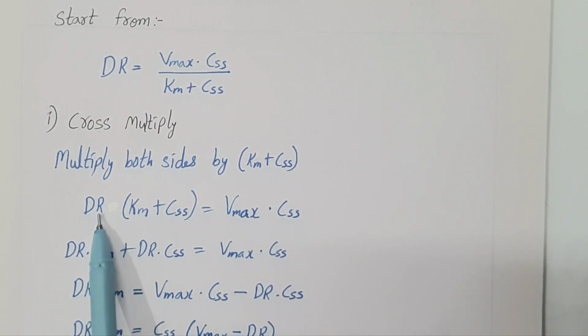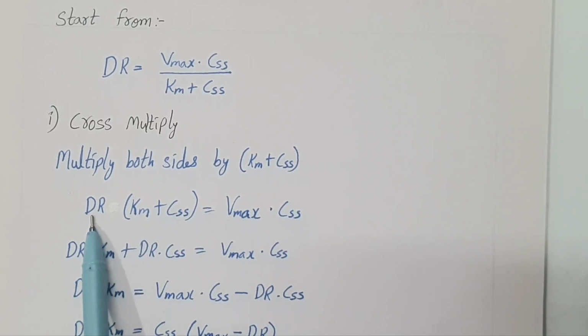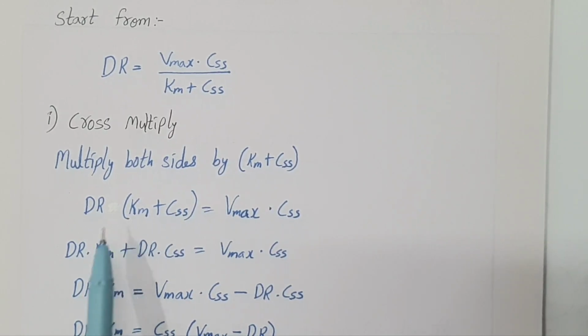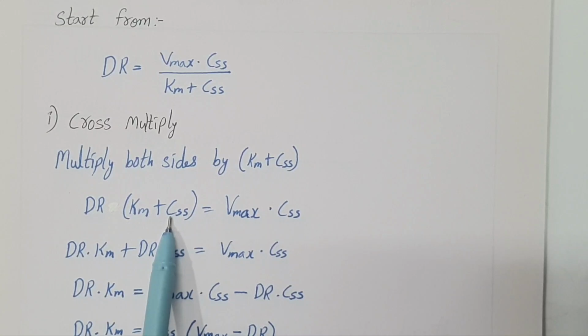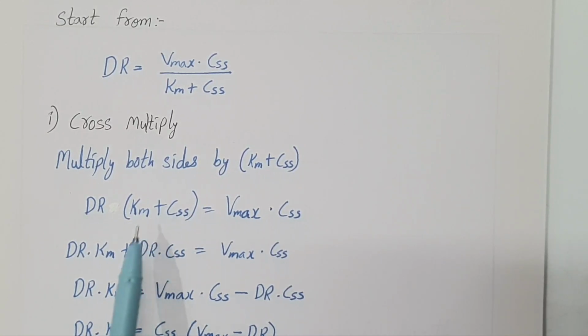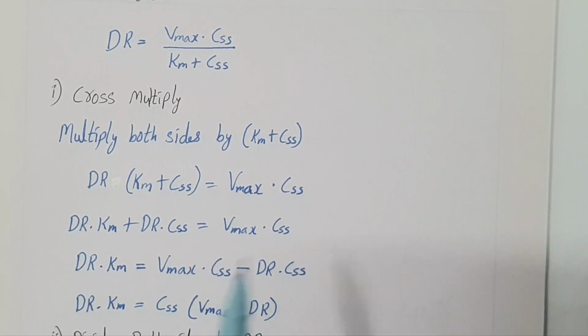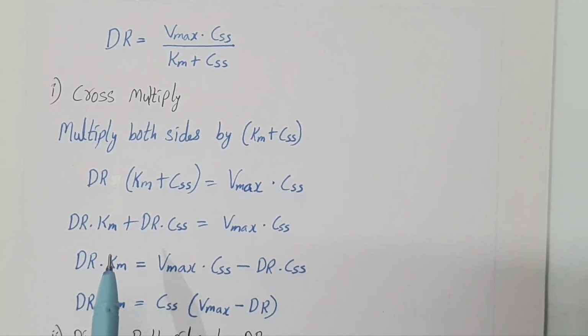After that I am expanding this: DR into Km and DR into Css, with the plus sign as it is, equals Vmax Css. After that, we rearrange this. Km stays on the left hand side, and DR into Css goes to the right hand side.